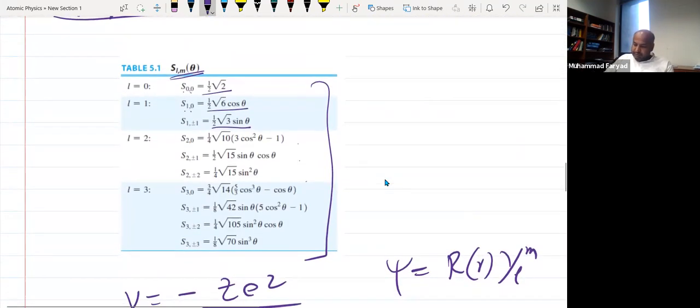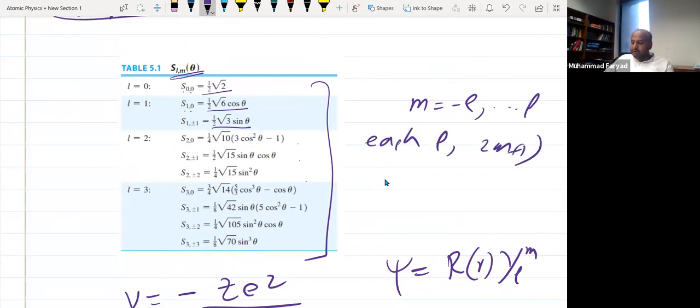M is restricted to be from minus L all the way to L. So for each L, there are 2L plus 1 values of YLM functions available.